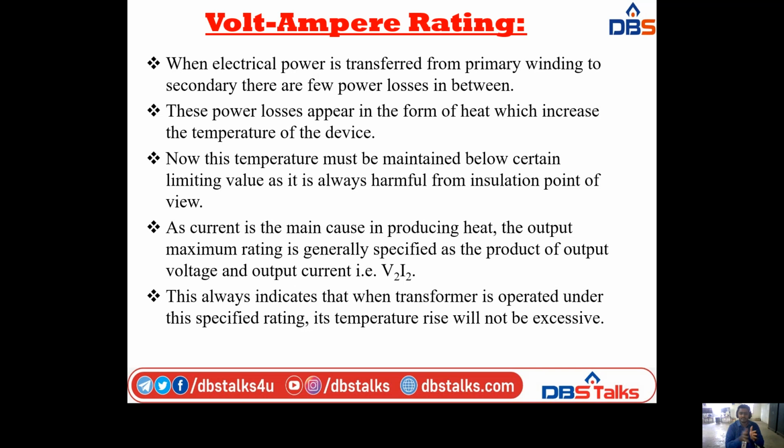And as current is the main cause of producing heat, the maximum output rating is generally specified as the product of output voltage and output current, that is V2 I2. This indicates that when the transformer is operating under this specified rating, its temperature rise will not be excessive.